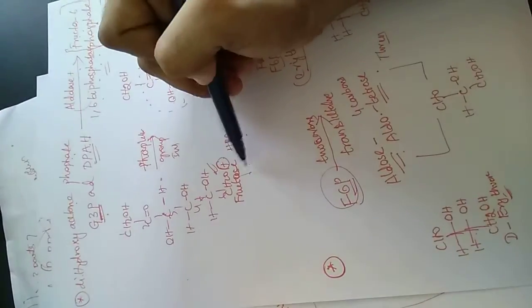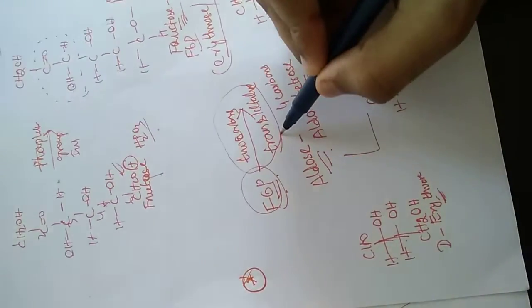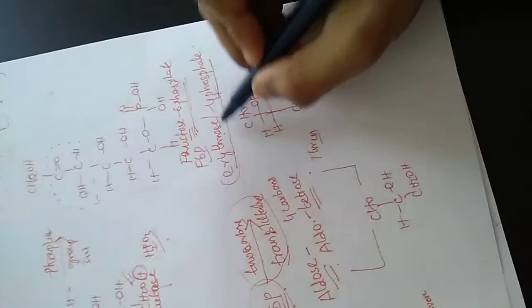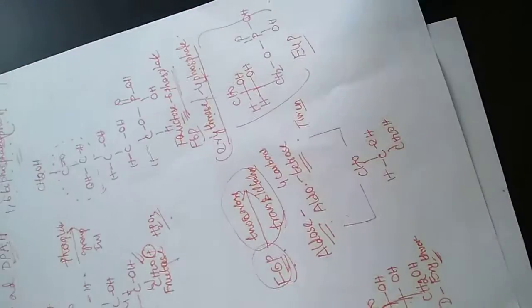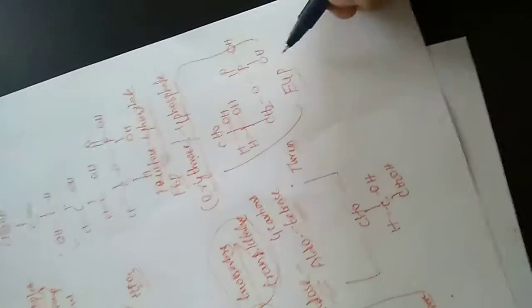This is the structure of fructose 6-phosphate. Next, I made it lose 2 carbon atoms in the presence of a transketolase enzyme to form erythrose 4-phosphate, called E4P; this is called F6P. This is the structure of D-erythrose, and this is the structure of erythrose 4-phosphate.